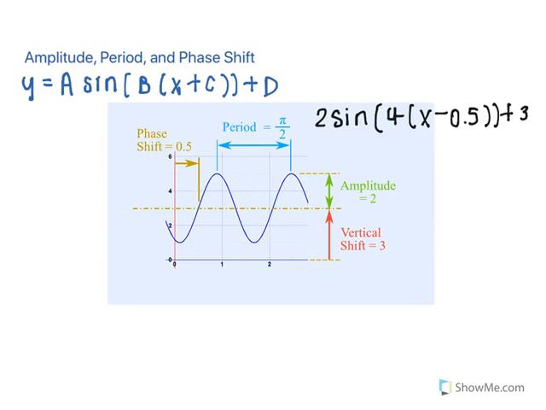Now let's look at the graph 2 sine of 4 times x minus 0.5, plus 3. So first of all, for the amplitude, we see that the highest point is 5 and the lowest point is 1.